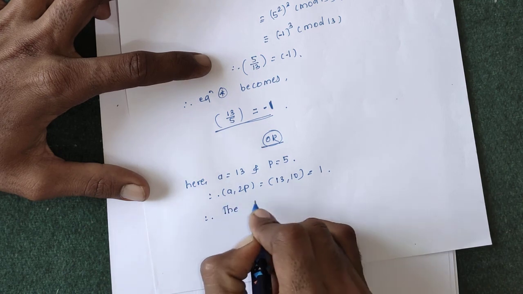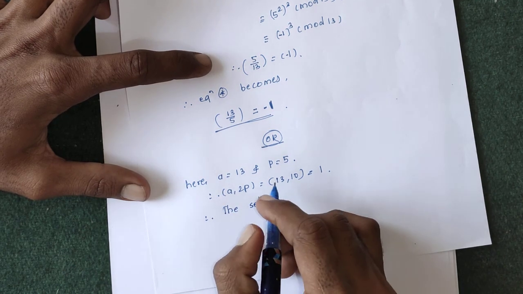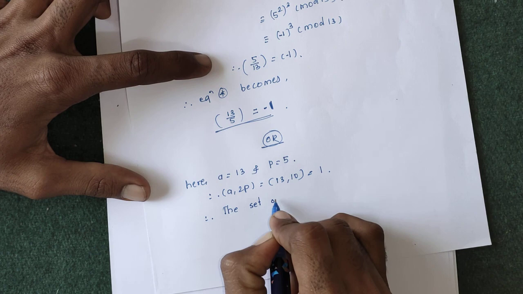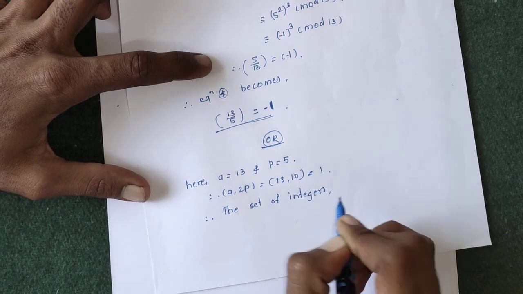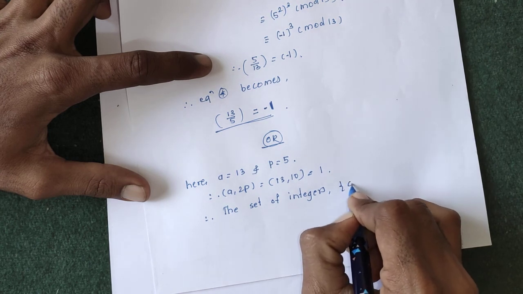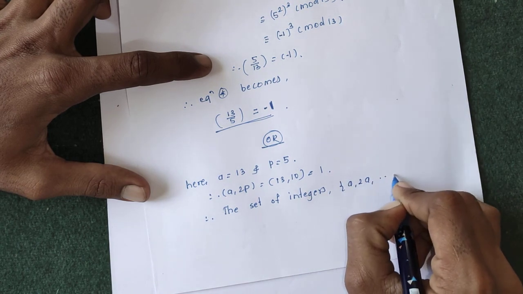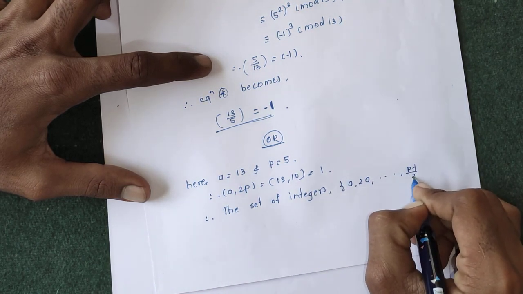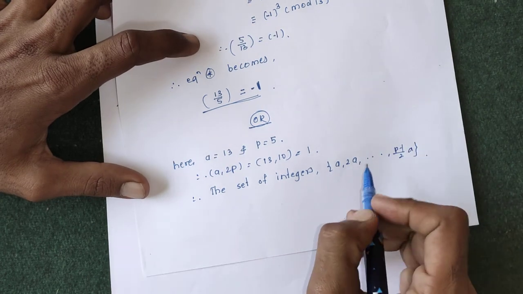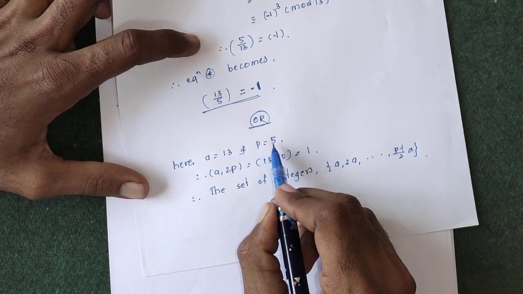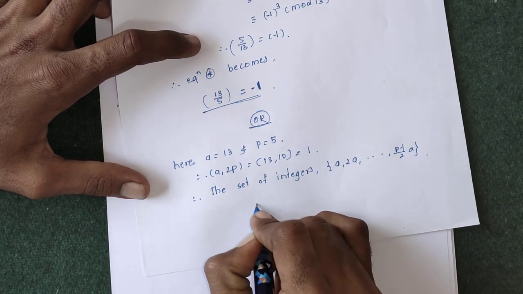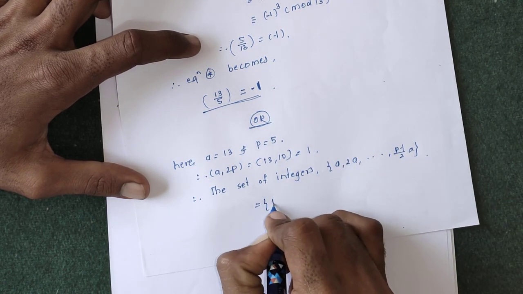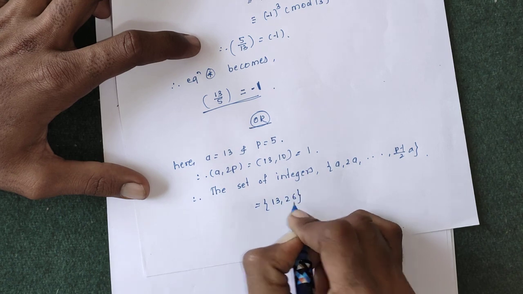Therefore we will find the set of integers, similar to Gauss lemma: a, twice a, up to p minus 1 by 2 times a. Here p minus 1 by 2 is 2. So the set of integers a and twice a is 13 and 26.